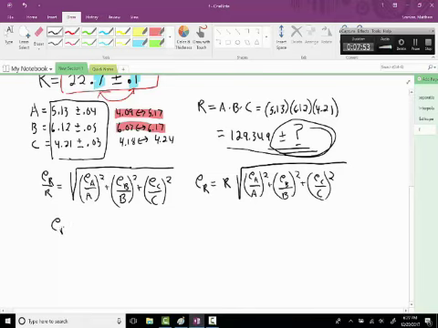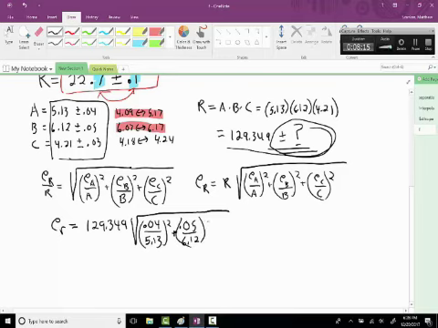The error in R is equal to 129.349 times the square root of this monstrosity, 0.04 divided by 5.13 squared, plus 0.05 divided by 6.12 squared, plus 0.03 divided by 4.21 squared, and I get the error is 1.78.